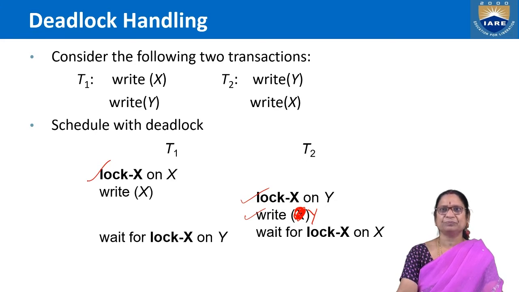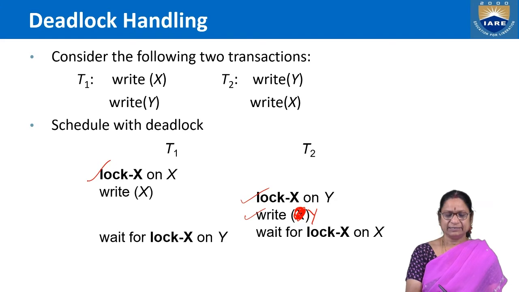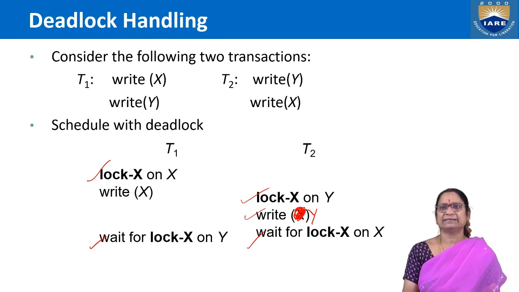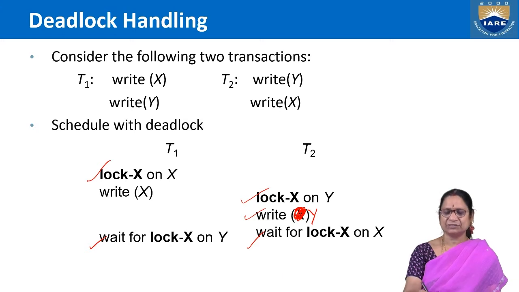T1 is write Y, which means T1 is waiting to get an exclusive lock on Y. Coming back to T2, it has completed its write on Y holding the exclusive lock on Y, and now it is waiting for the exclusive lock on X because of its write X statement.